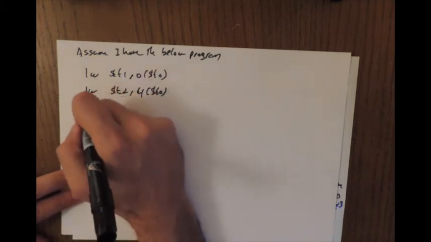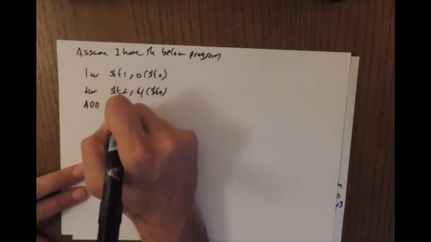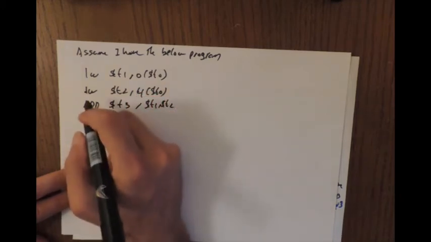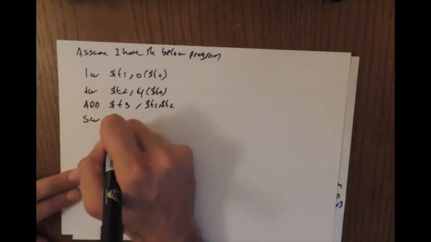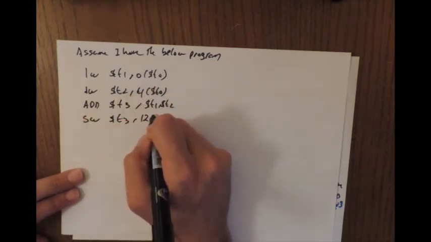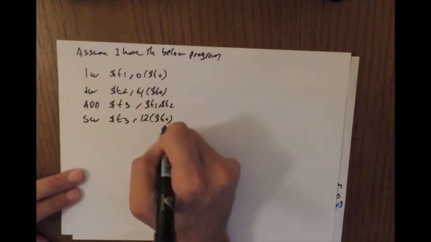I have add T3 T1 T2, and I have SW T3 12(T0).